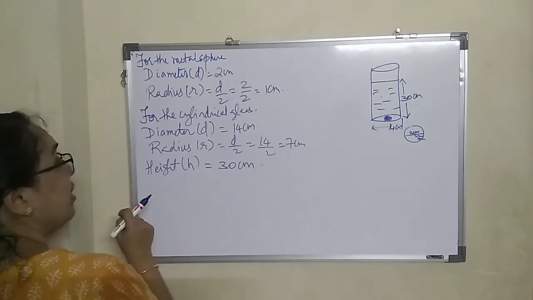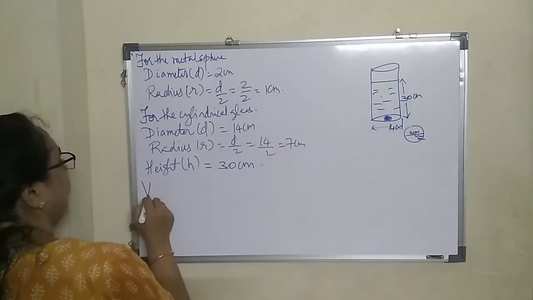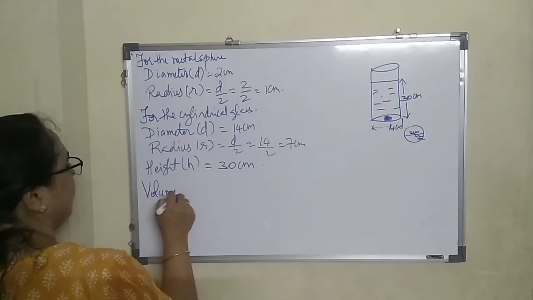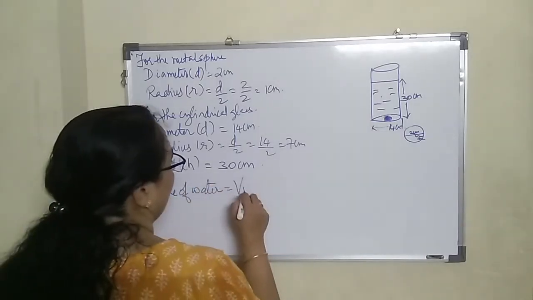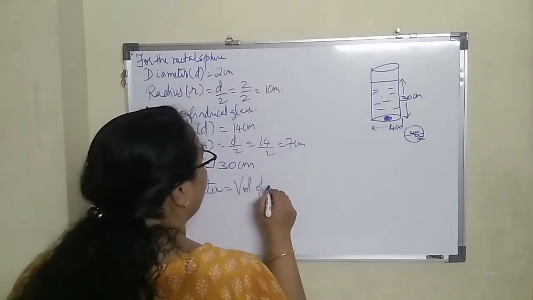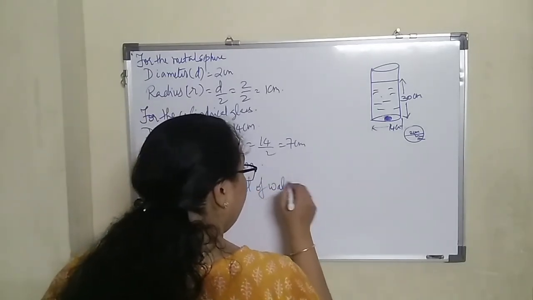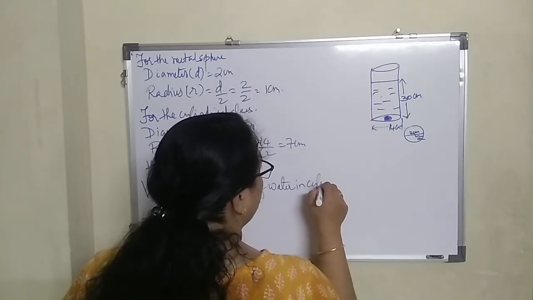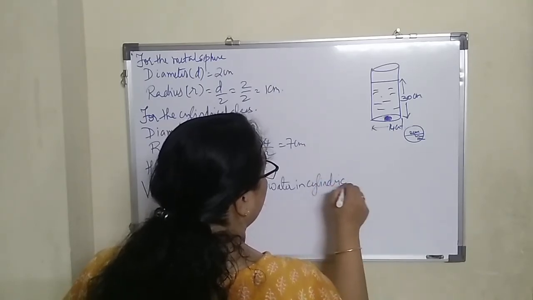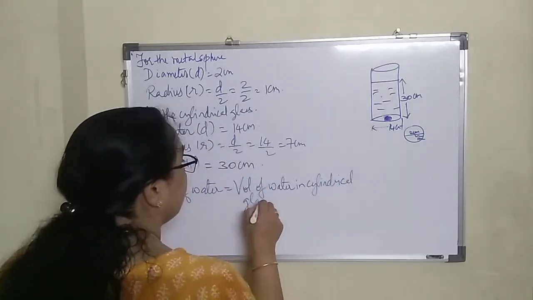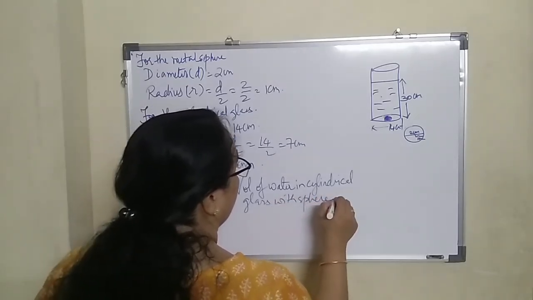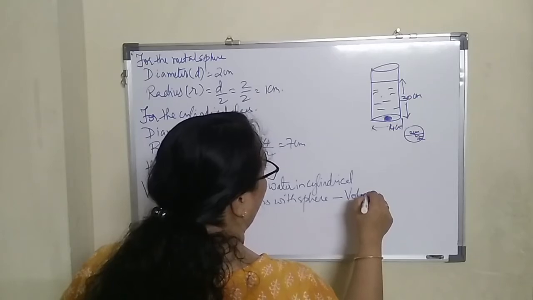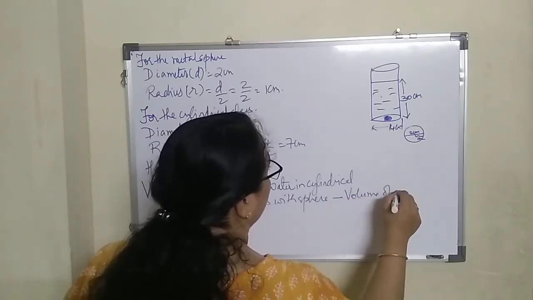After this, what are we to find? Volume of water equals volume of water in cylindrical glass with sphere, minus volume of metal sphere.